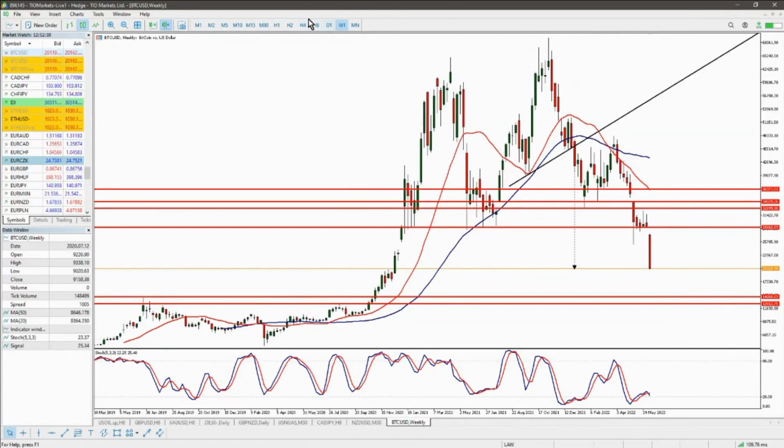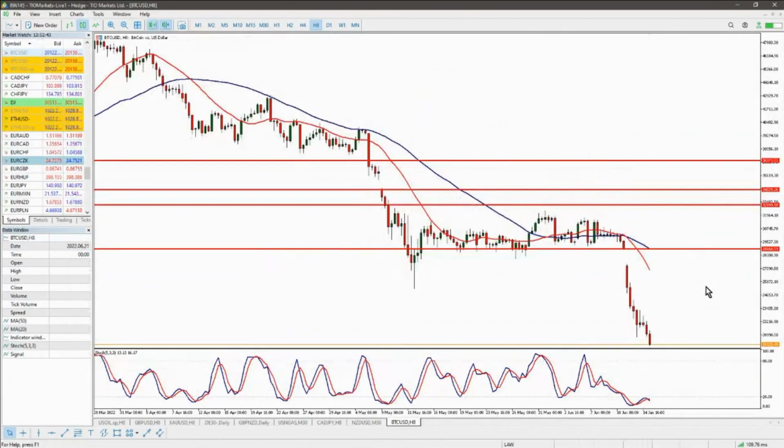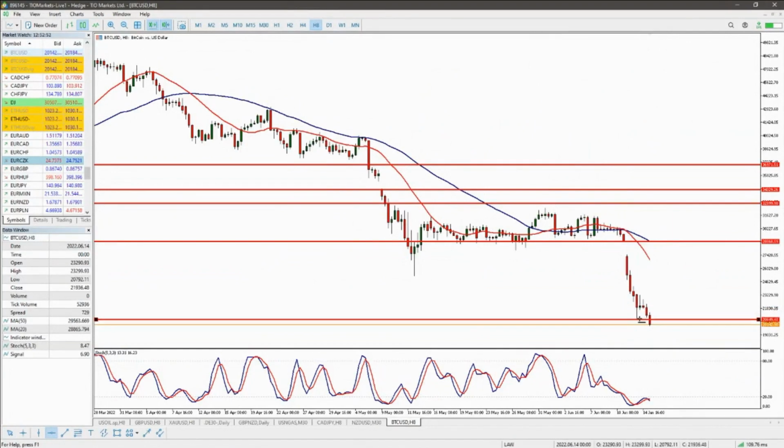So looking at this market in a smaller time frame, it's in a free fall at the moment, and the nearest resistance in the 8-hour chart is this low here.